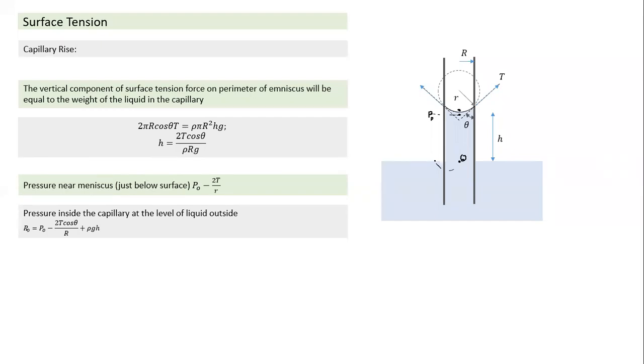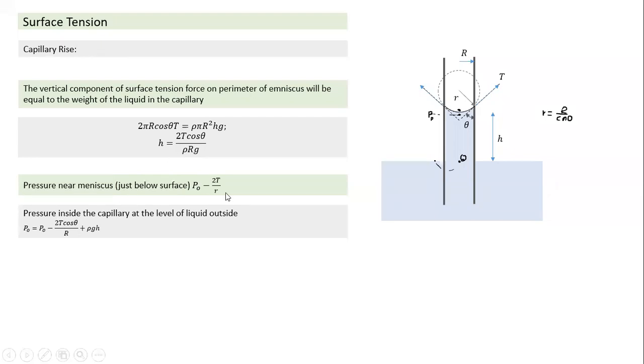So P naught is equal to P naught minus 2T by r plus rho g h. I have written small r in terms of R, the radius of the capillary tube: small r is equal to R by cos theta, as I have done earlier. I put this value here, and from here also I get the expression of capillary rise, which is the same as before.